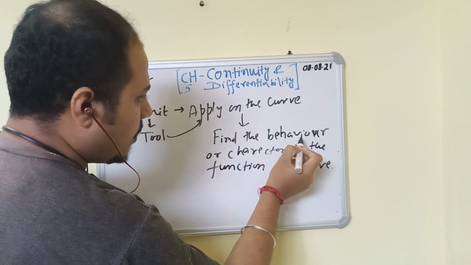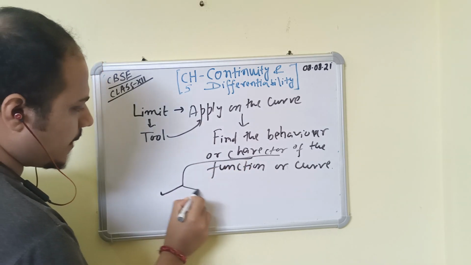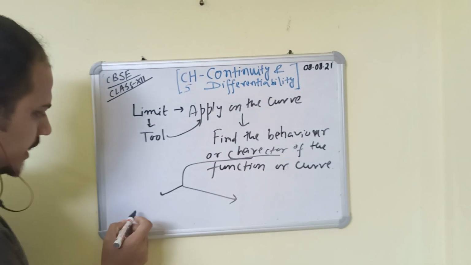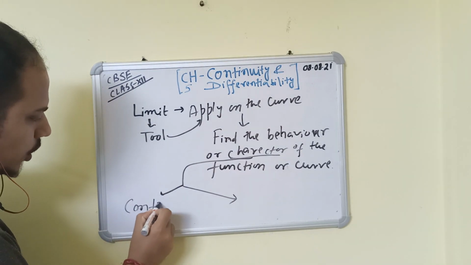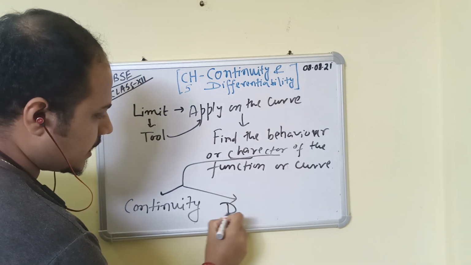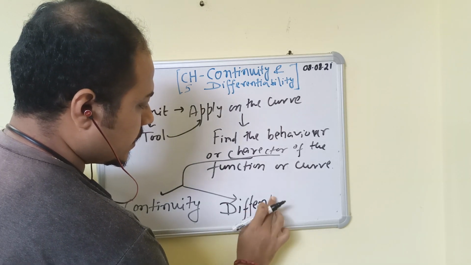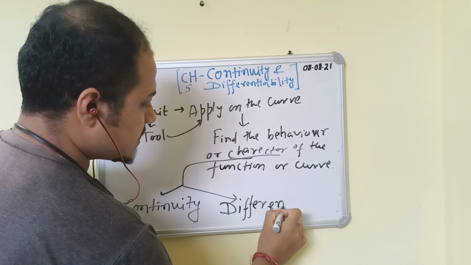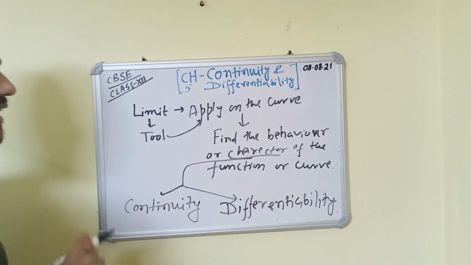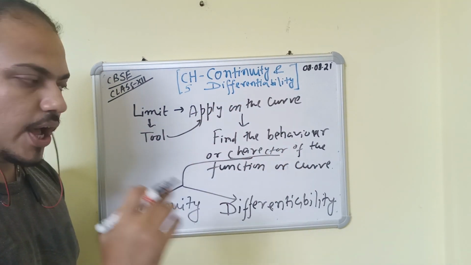Now what do you mean by behavior or character? There are two types of behavior or character that a function provides: one is continuity, and another is differentiability.